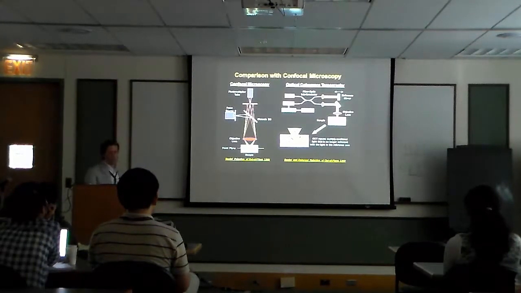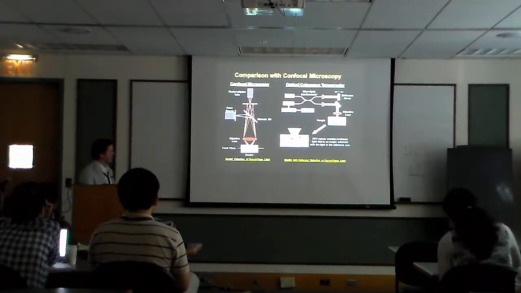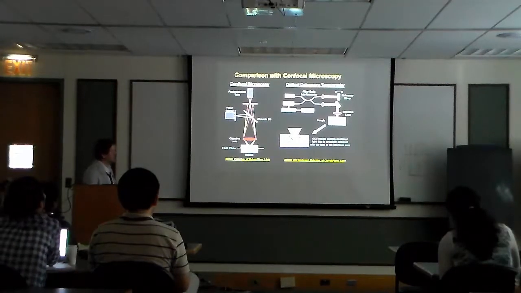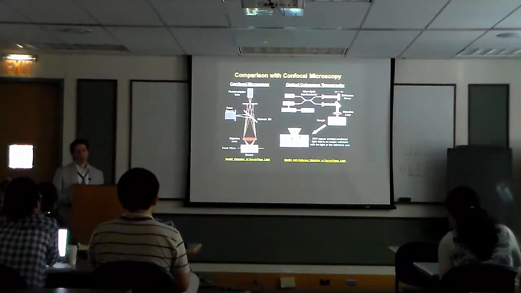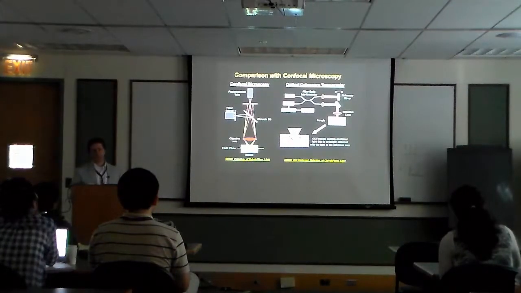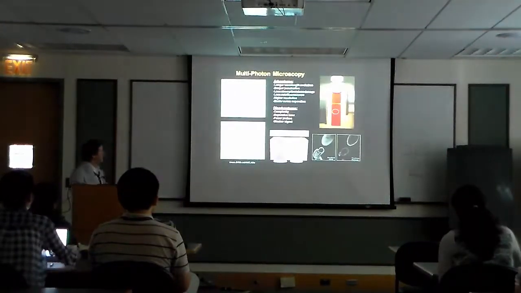So OCT gives us both spatial and coherent rejection of that out-of-plane light, or those multiply scattered photons. Because of that, OCT can image deep, up to perhaps several millimeters in tissue, depending on the optical scattering properties of the tissue itself.